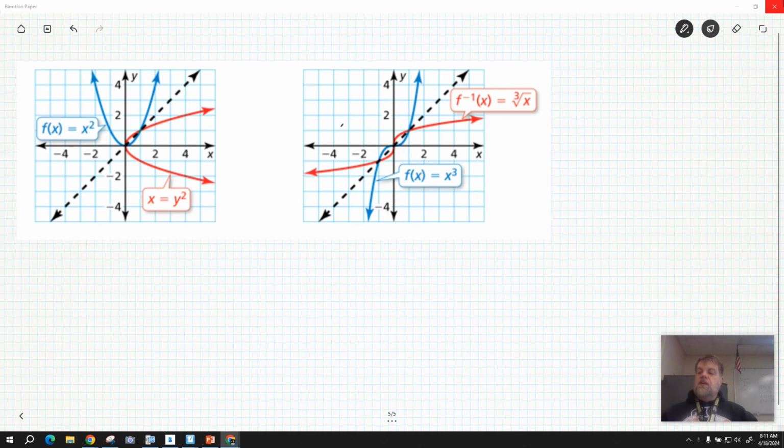So up here, as long as something is a function, this diagonal symmetry works. So these are both what we call non-linear inverses.